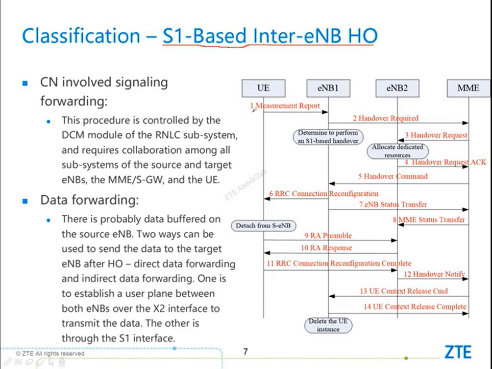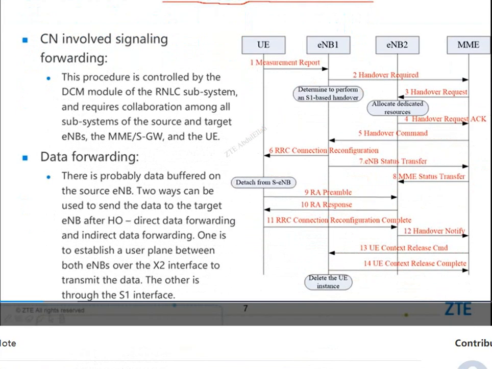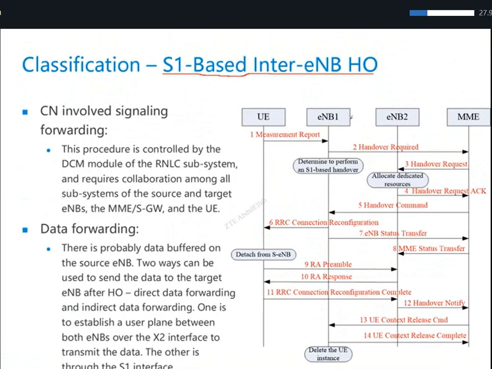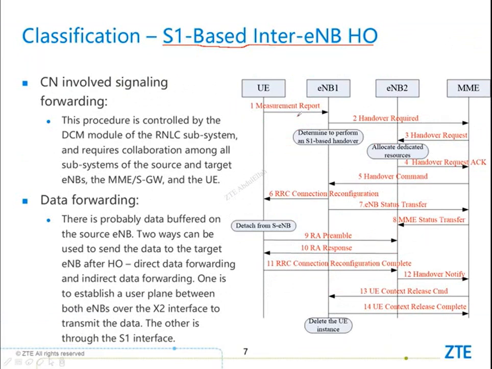The same. In the first step, the UE will send measurement report to the source eNodeB. And this measurement report will include my serving cell information and the target cell information. But now the eNodeB 1 cannot find the eNodeB 2 directly because there is no X2 interface.